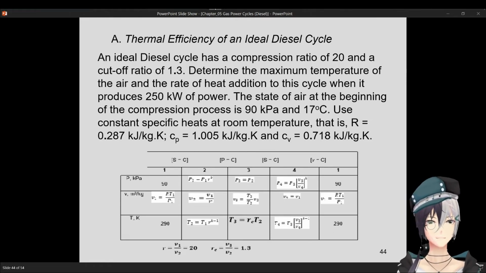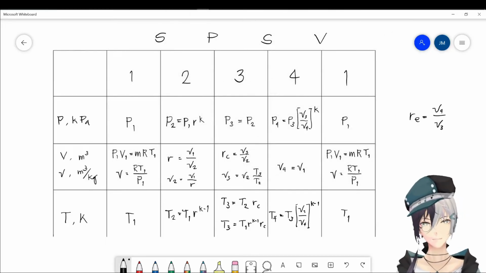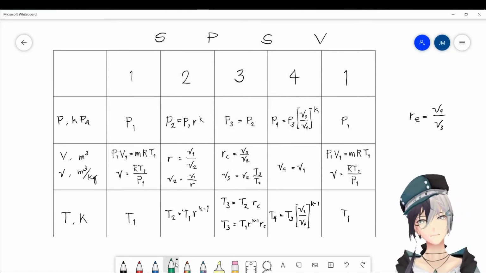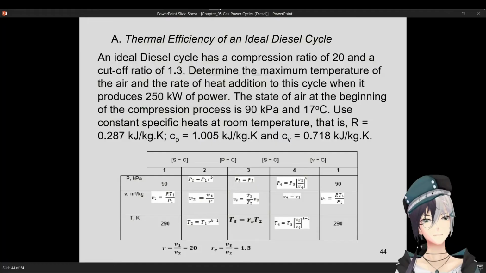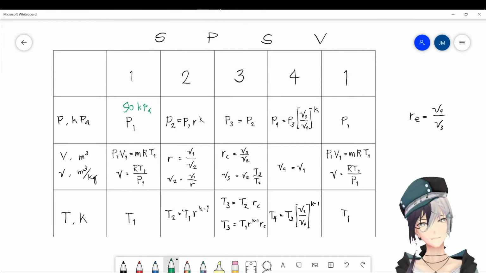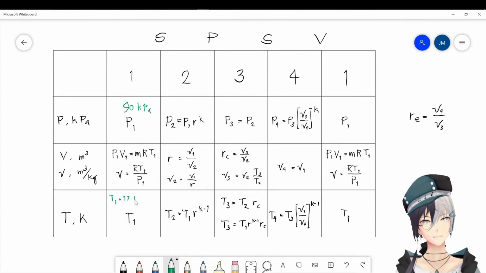So you are given 90 kilopascal for pressure 1. And temperature is given as 17, so temperature 1 is 17 plus 273.